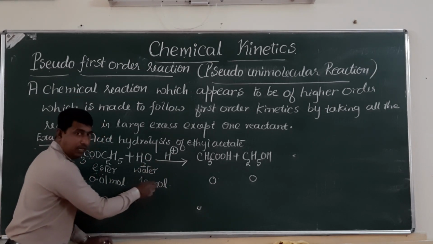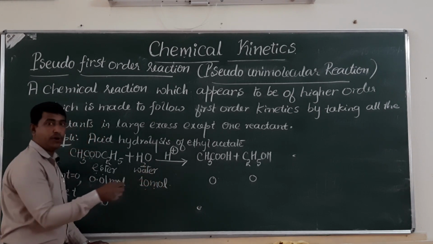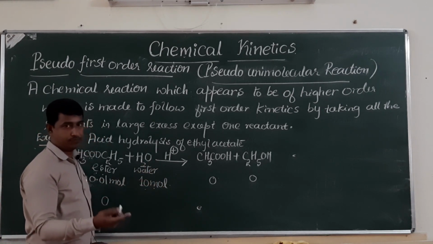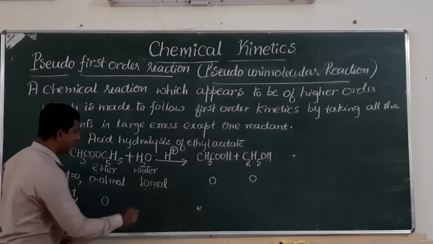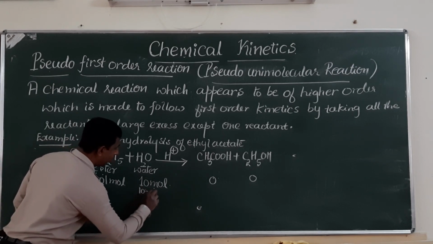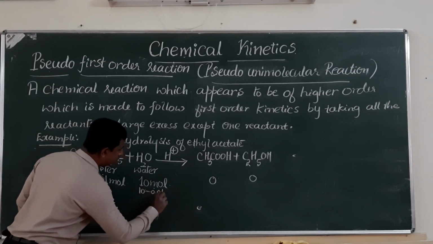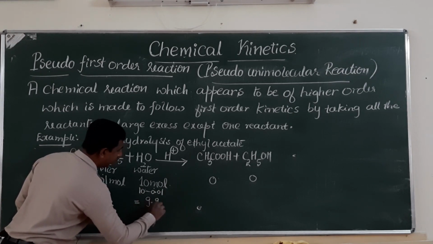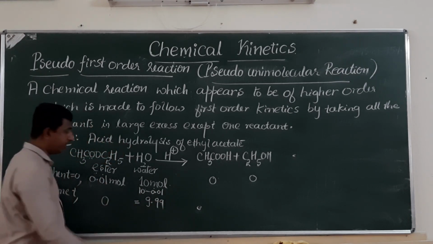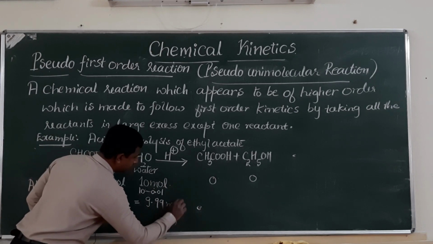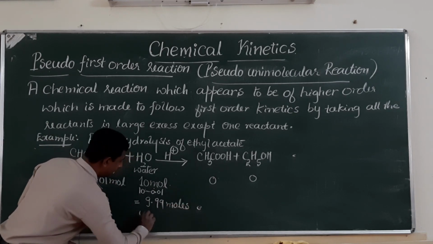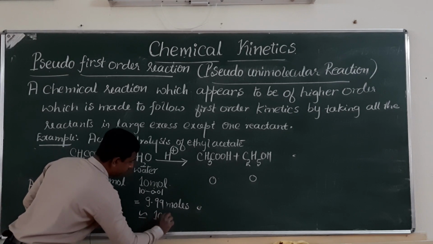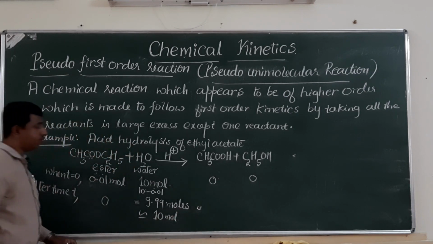So out of 10 moles, only 0.01 mole will react, which means the remaining amount is equal to 9.99 moles. Hope it is clear. It is nearly equal to 10 only.